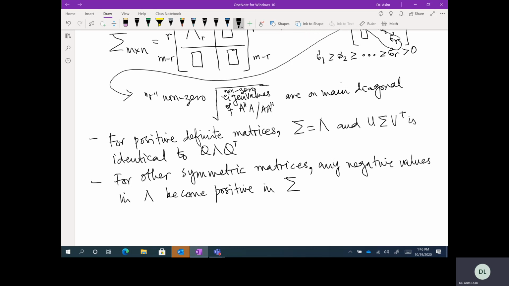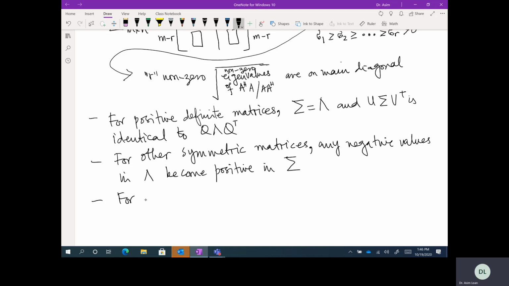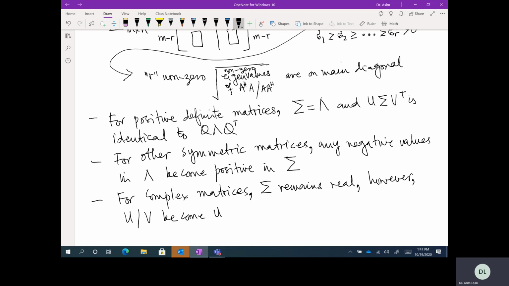Okay. And for complex matrices, as I said before, sigma remains real. However, U and V become unitary. Which implies, in general, the SVD decomposition is A equals U sigma V Hermitian. Okay.